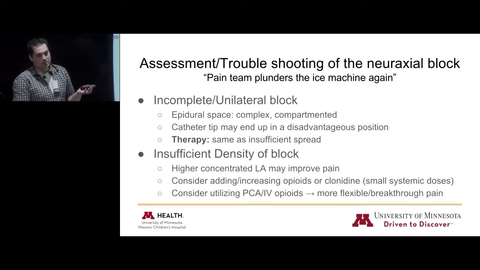Sometimes we see, okay, the spread is great, but it still hurts. So the density might not be adequate. In this case, we use higher doses or higher concentrations of local anesthetic, and we consider to add or increase doses of epidural opiates or clonidine. The benefit of using it in the epidural is that we have very small systemic doses.